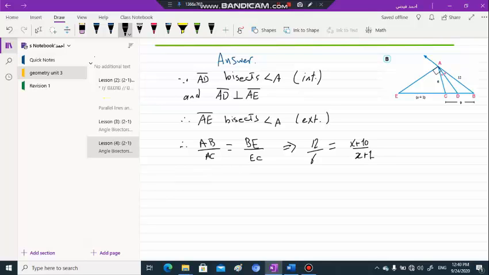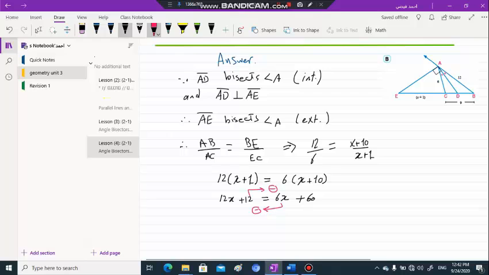So we can make cross multiplication. So 12 multiplied by x plus 1 equals 6 multiplied by x plus 10. So 12x plus 12 equals 6x plus 60. So we can move 6x to the other side with a negative sign, and 12 to the other side with a negative sign.